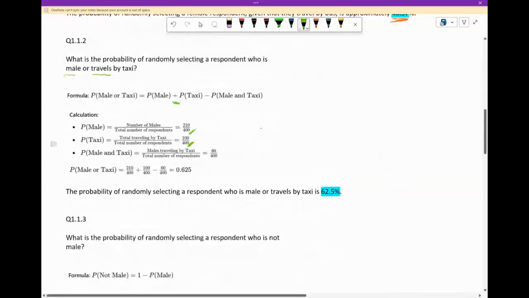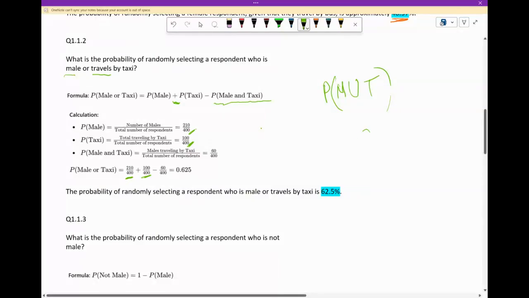So here you can see we're adding 210 divided by 400 plus 100 divided by 400. And here now, I forgot to mention this, we need to subtract, because it's basically saying the probability of getting males union the probability of getting respondents who travel by taxi.